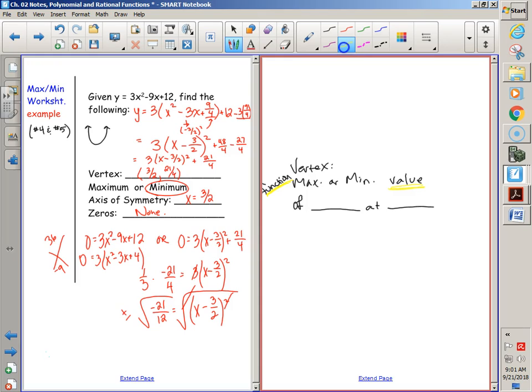The y value. So this is going to be the y at, wait, what were we using to describe where a function was increasing or decreasing at? X intervals. The function value of is the y, at is the where, which is the x.